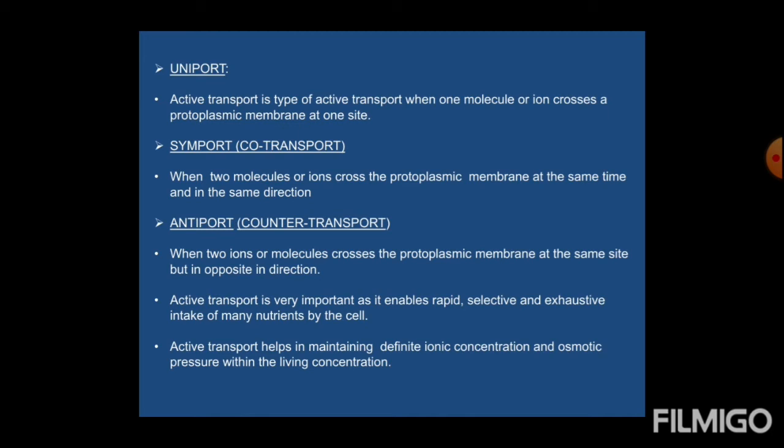Those metabolites are directly related to energy, that is ATP. This means if any molecule is trying to cross the plasma membrane, energy, that is ATP, is used. With the help of this energy molecule, the substance or ions go through the plasma membrane. This is basically primary active transport.